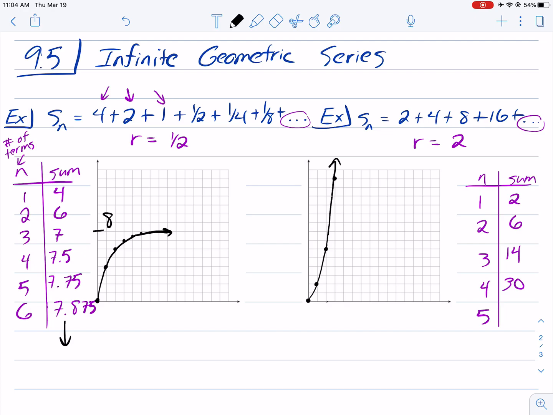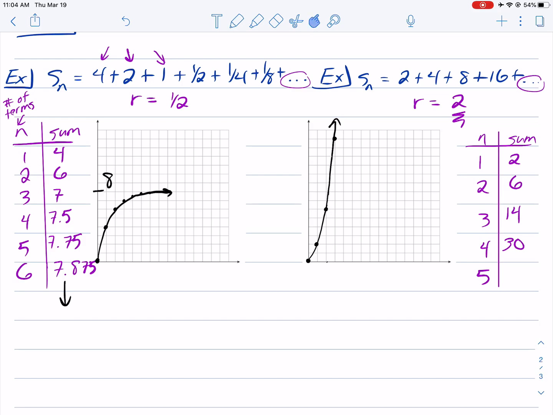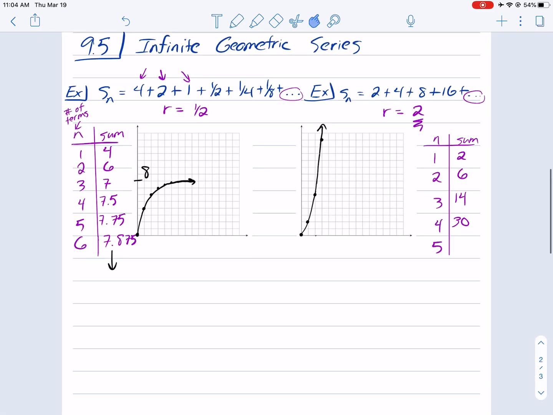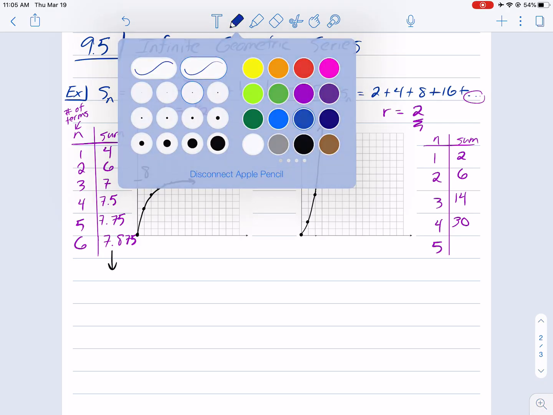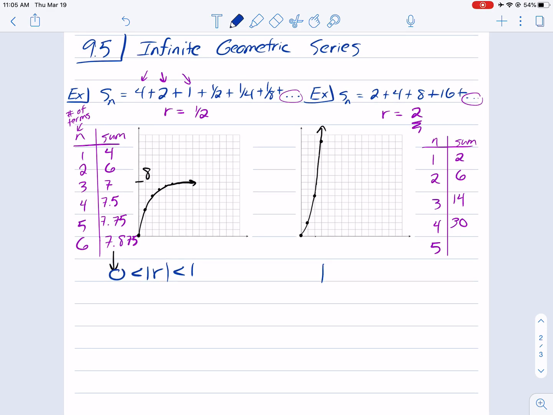And that's really in part because of this, because our ratio is greater than 1. So probably the most important part of this lesson is understanding that we can only find the sum of an infinite geometric series when the ratio is less than 1 and greater than 0. In this example, when the ratio is greater than 1, the sum does not exist.